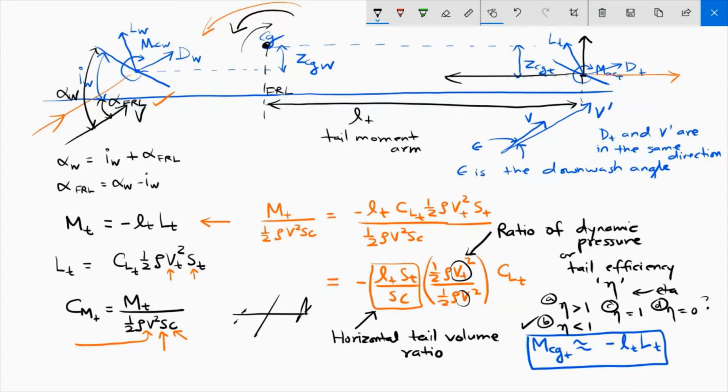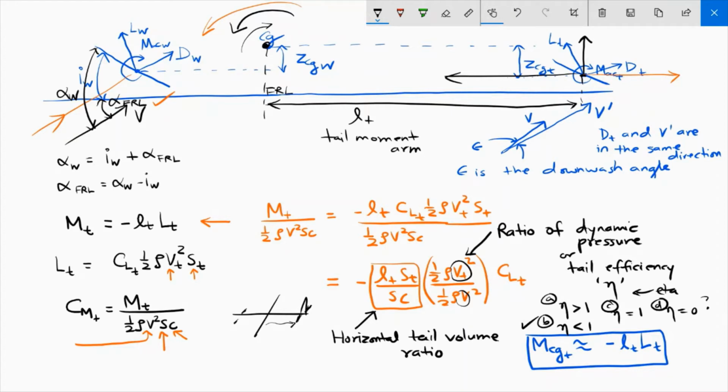For such aircraft the tail efficiency is going to be greater than 1 because Vt is greater than V. But for the case that we are discussing, since the horizontal tail is after the wing, by the time the airflow reaches it, it has slowed down. So Vt will be less than V.